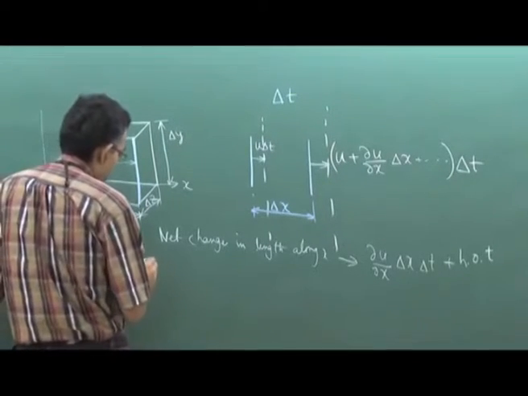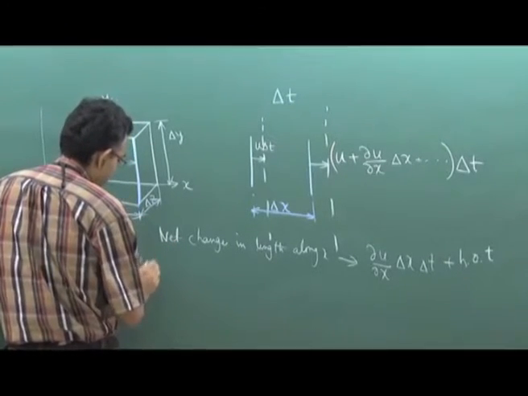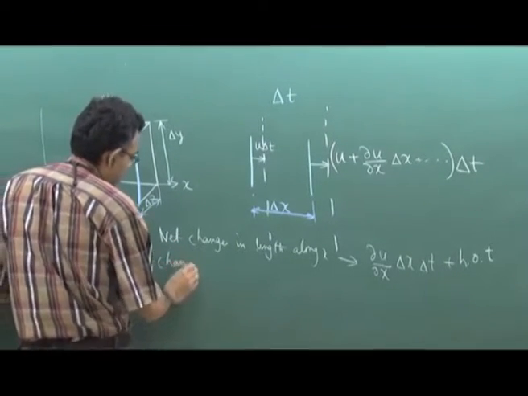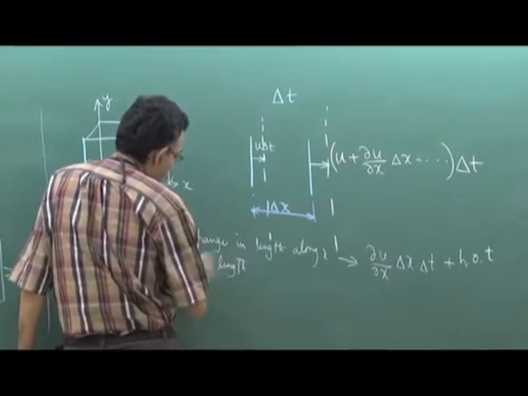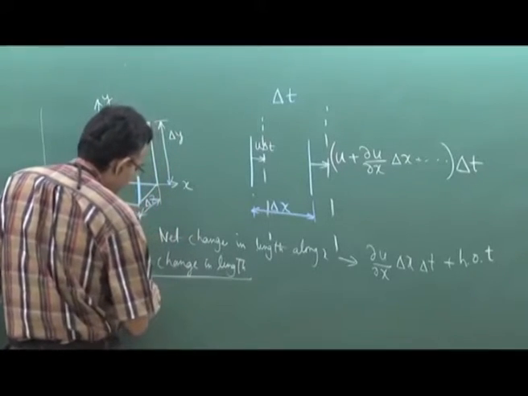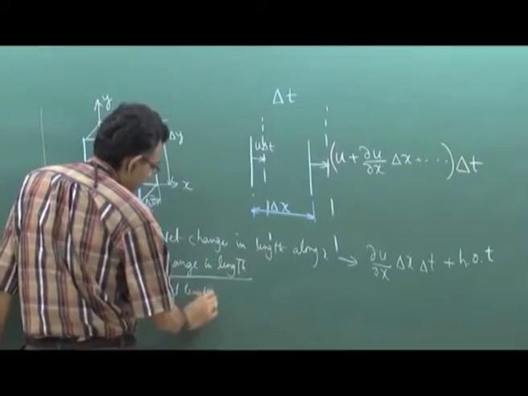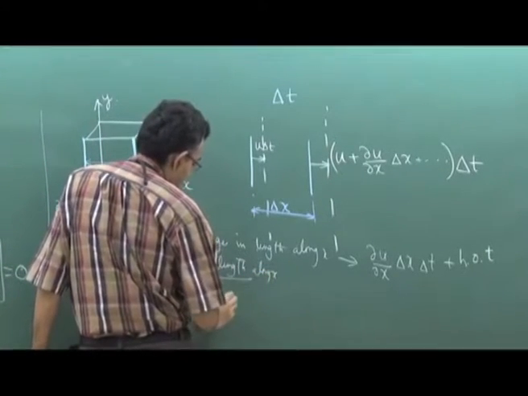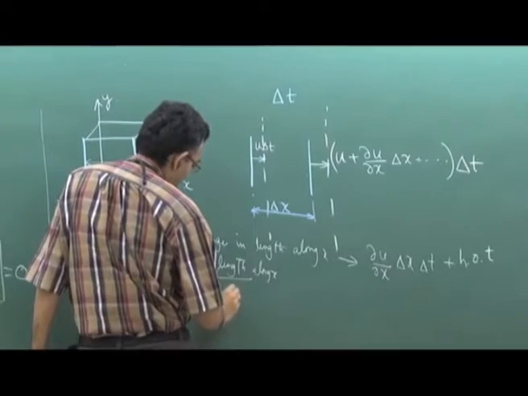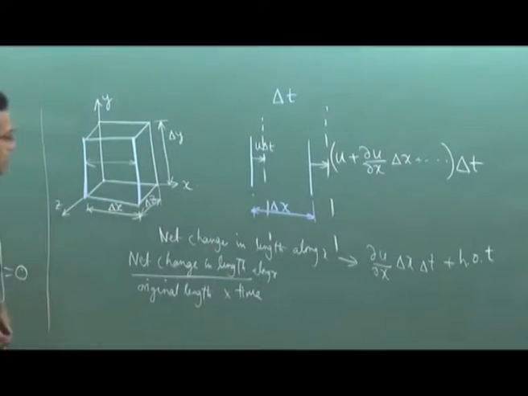So, net change in length per unit original length per unit time. What is this?